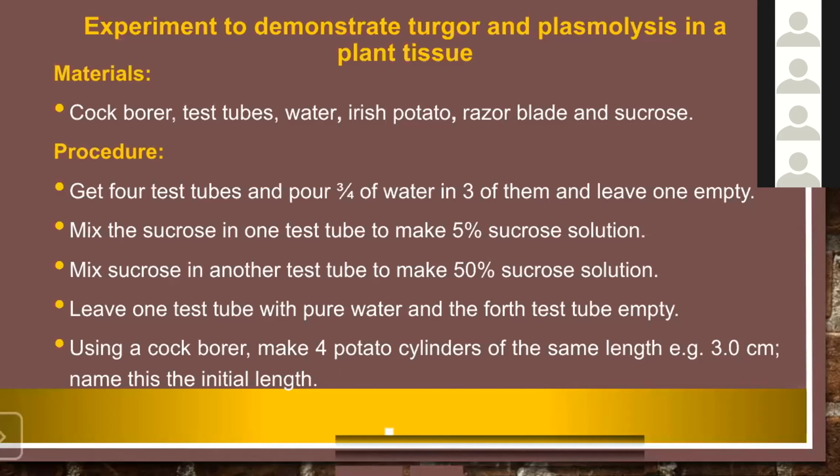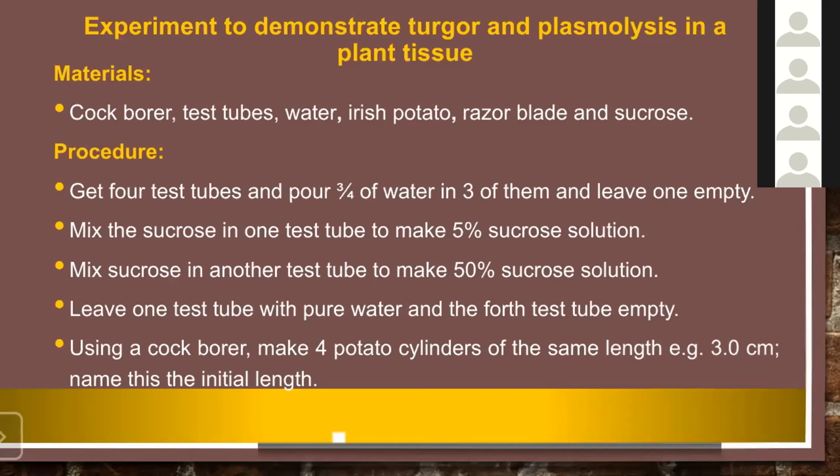So we are going to begin with the aim of the experiment. That is an experiment to demonstrate turgor and plasmolysis in a plant tissue. Then from that, you go to the materials that you will need. Then number 3, you go to the procedure. And then number 4 is what is appearing on the next slide. Continue reading that statement.